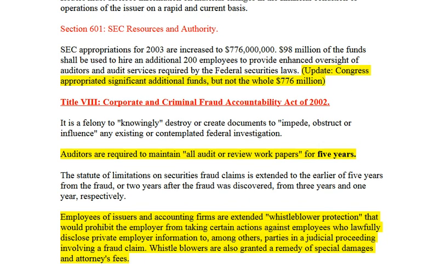SEC appropriations for 2003 are increased to $776 million. $98 million of the funds shall be used to hire an additional 200 employees to provide enhanced oversight of auditors and audit services required by the federal securities laws.